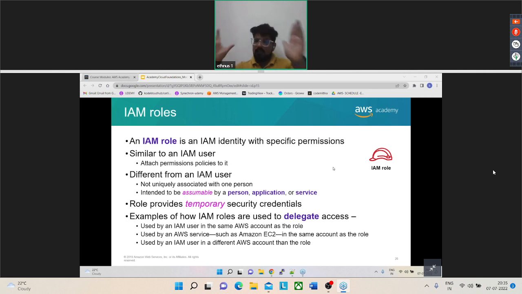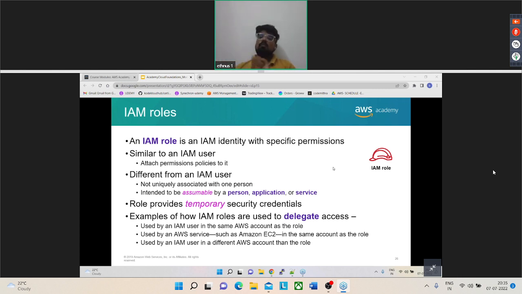I am also an IAM user, and he is also an IAM user, but he is an IAM user of a different account, and I am an IAM user of a different account. Now suppose Nitin wants to cross-check some information by temporarily accessing a different AWS account.